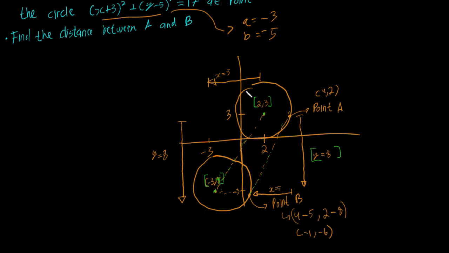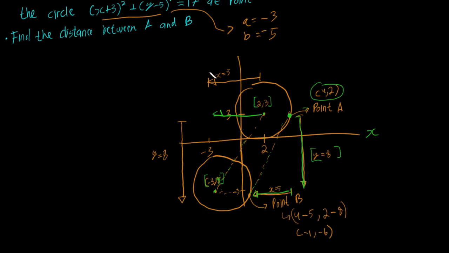Oh, wait. This is the equation. This is the center of the circle. We're using this. Sorry, if you're smart enough, you'll have recognized that I made a mistake. So this is point A, and it's parallel like this. If you know this is parallel, let's just start with the x-axis.